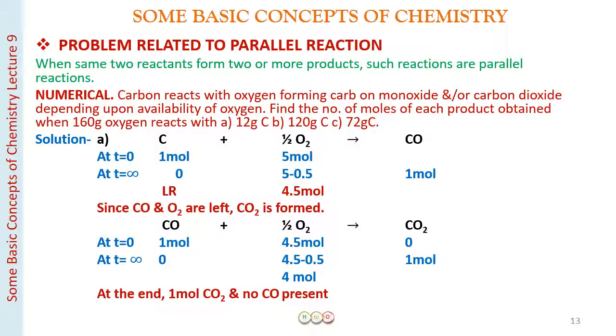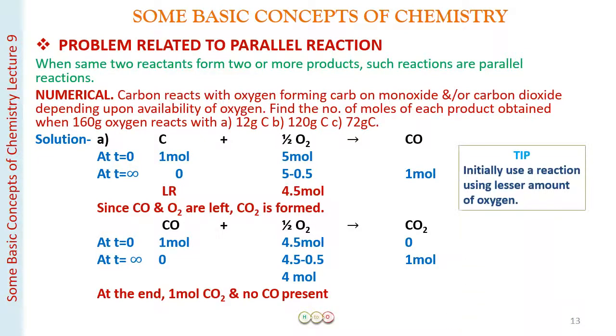Now let us see if we have 120 gram of carbon, which is the second part, then what would the reaction scenario be? So the tip for the reaction was that initially use the reaction which was utilizing lesser amount of oxygen. So let us now do the second part.